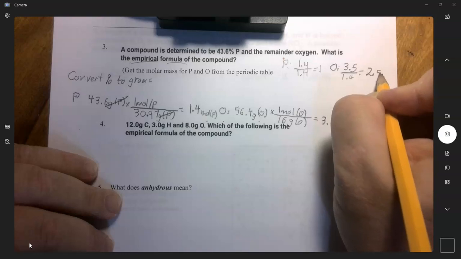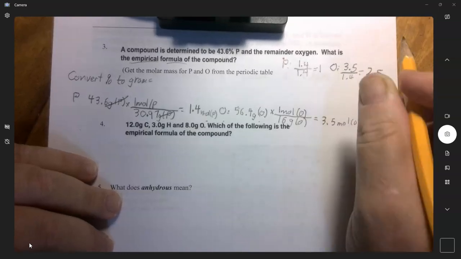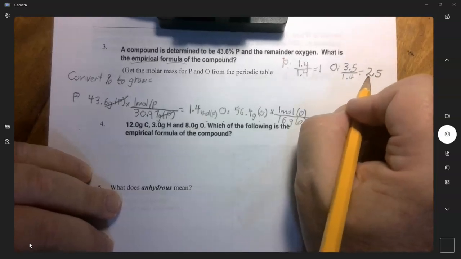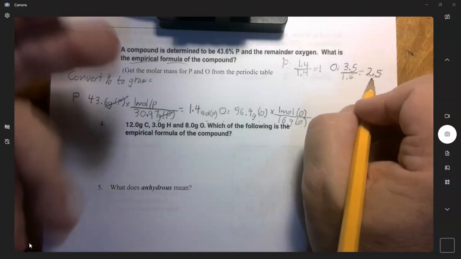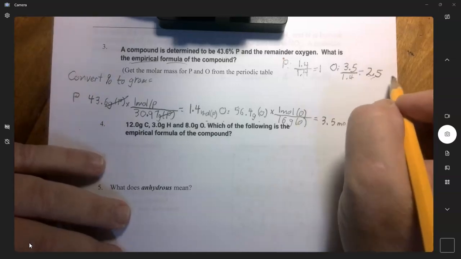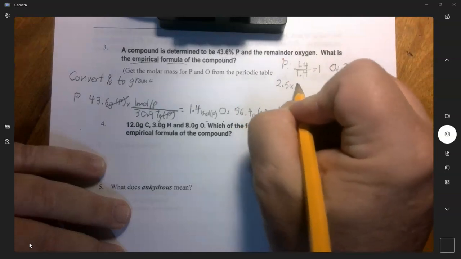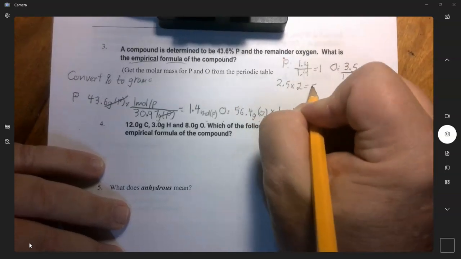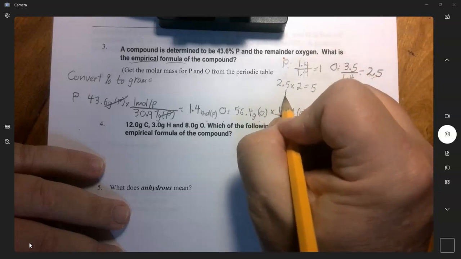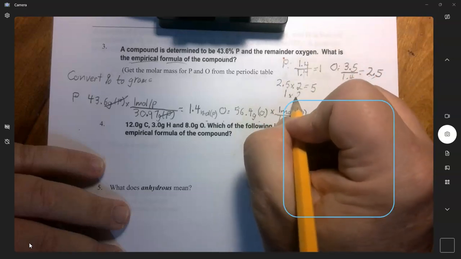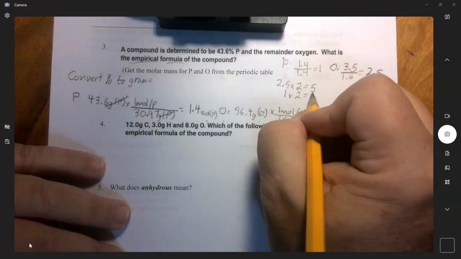So we've seen that relationship before. So you've got to get this to be a whole number. You keep multiplying by integers until you get there. So you're going to multiply 2.5 times 2 gives you 5. You've got to also multiply the 1 by 2. You've got to keep the ratio between them the same.